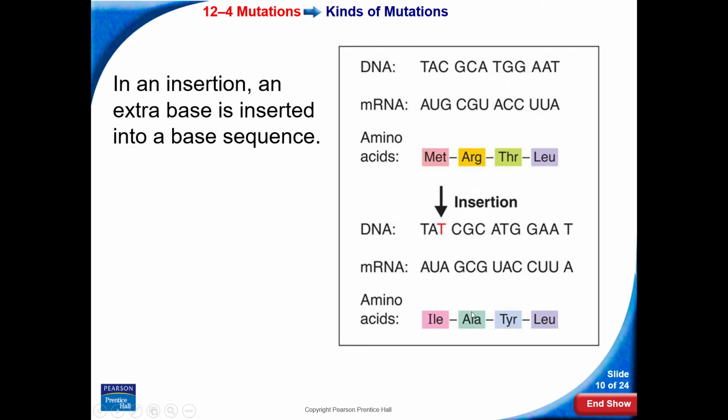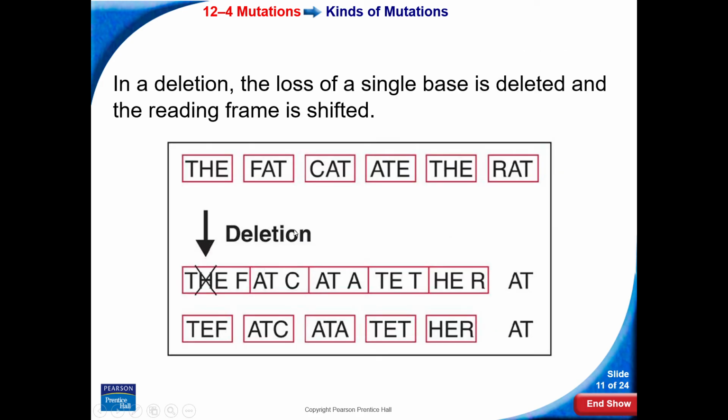Instead of arginine, you've got another one different. Instead of tyrosine, you have a different amino acid there, and then amazingly enough, you still get the same amino acid, even though it's been changed, because some amino acids can have as many as 2 or even 3 triplets which code for the same amino acid. So it completely changes all the amino acids in the sequence from that point on.